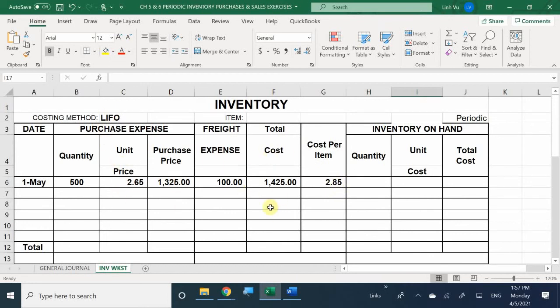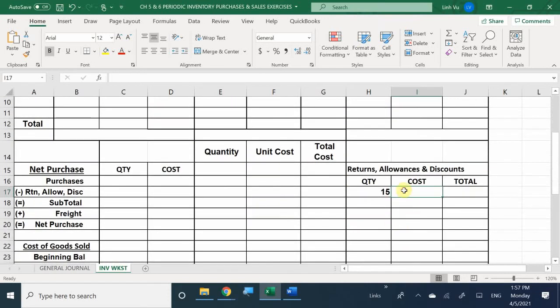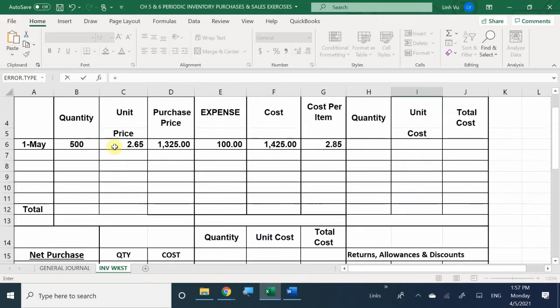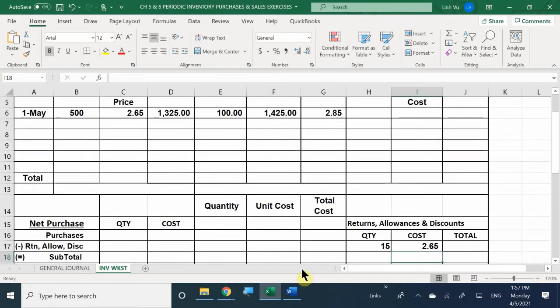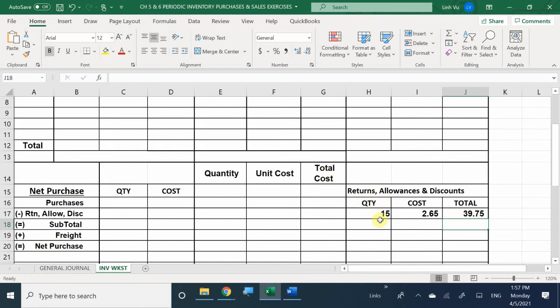We cannot include freight. We can only be refunded for the original purchase price, which is $2.65. So how much is my total refund? $39.75, because I'm returning 15 at $2.65.